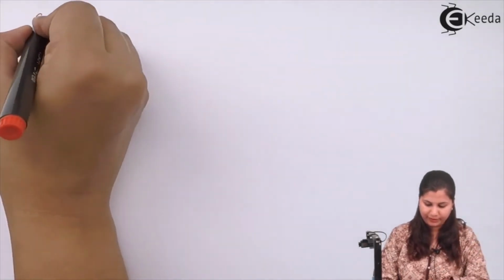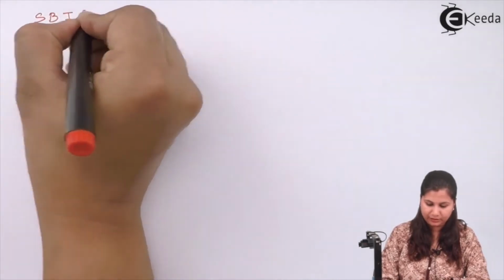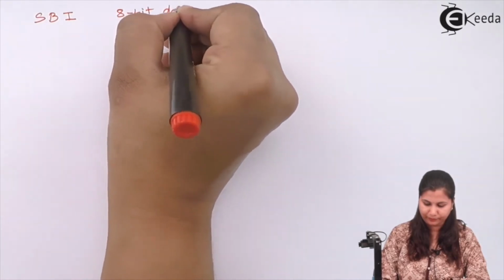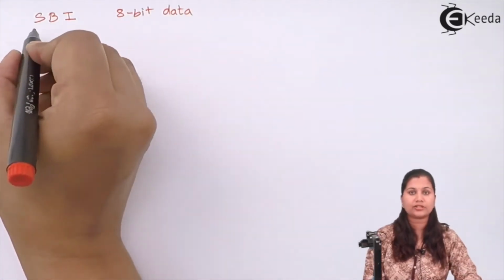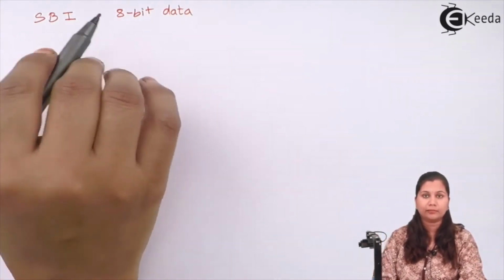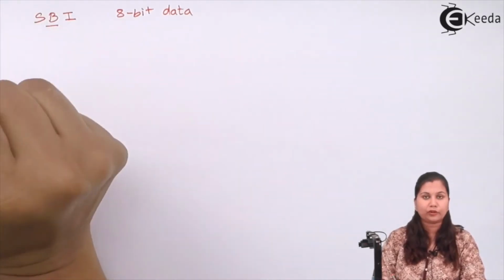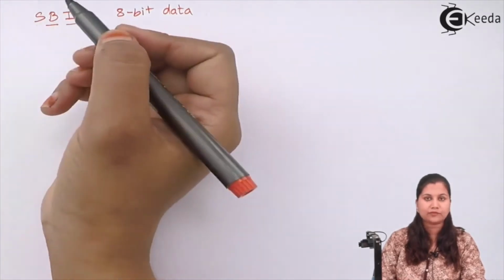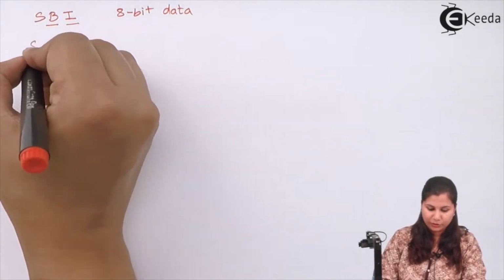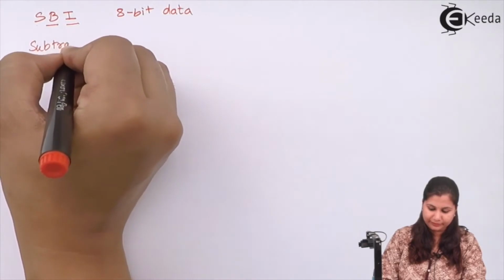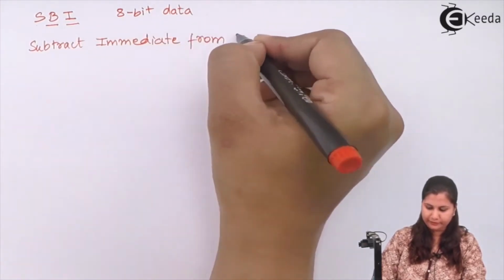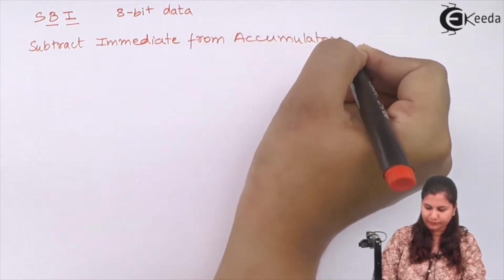Next we have SBI with 8-bit data. Now this instruction considers the borrow, because here B is for the borrow, I is for the immediate data and S is for the subtraction. So this is subtracting the immediate data from the accumulator with borrow.